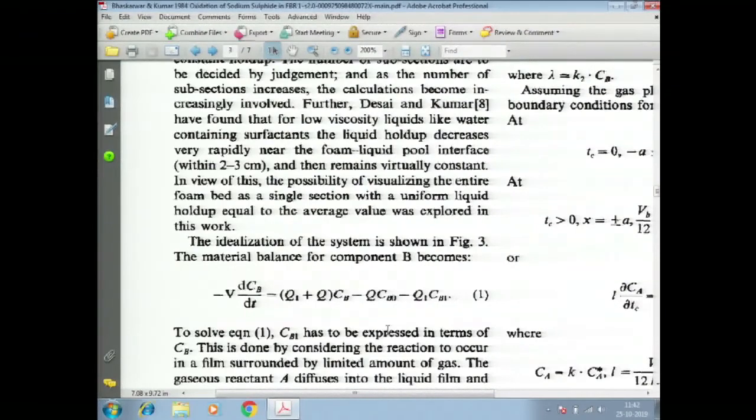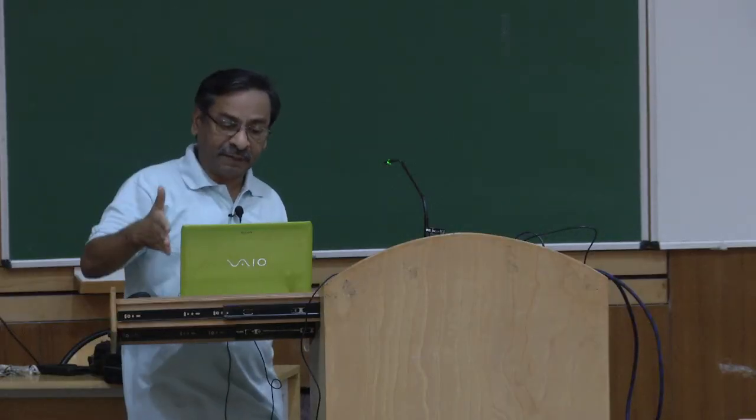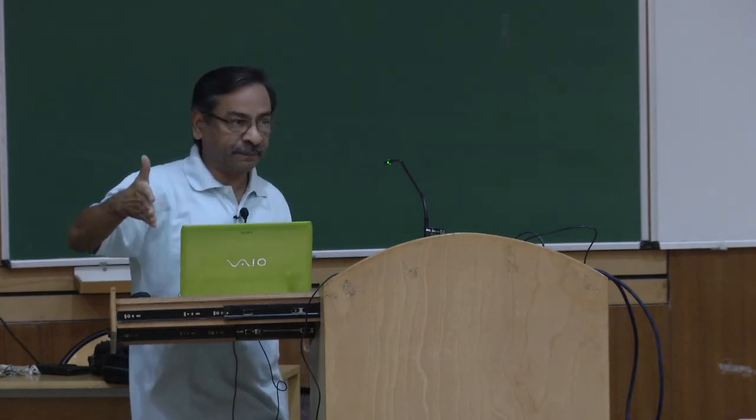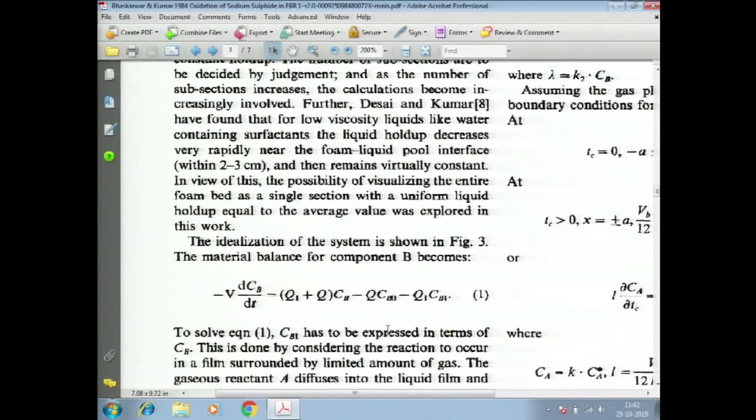And Q1 is the flow rate of liquid going into the foam section and returning back into the storage section, because they also have to be the same; whatever is going up has to come down. What is entering the foam section from the storage section is at flow rate Q1 and concentration Cb. Whatever is exiting the storage will have the same concentration.